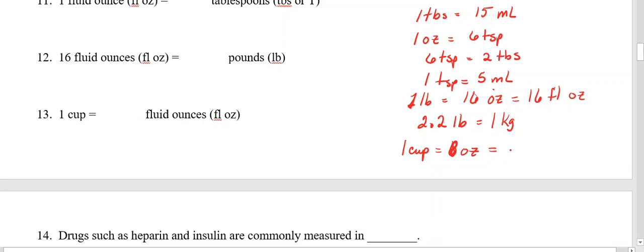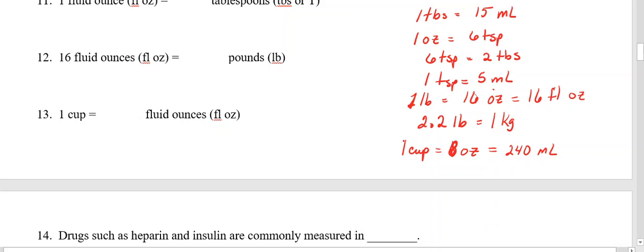An 8-ounce cup equals 240 milliliters. An ounce is 30 milliliters, and 8 times 30 is 240 milliliters. Again, it can be dry measure or it can be a fluid. So if it's 240 milliliters, this would be a fluid ounce.